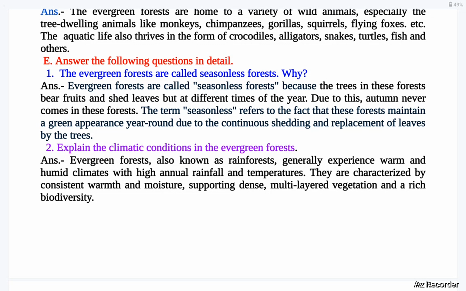Due to this, autumn never comes in these forests. The term seasonless refers to the fact that these forests maintain a green appearance year around due to the continuous shedding and replacement of leaves by the trees.